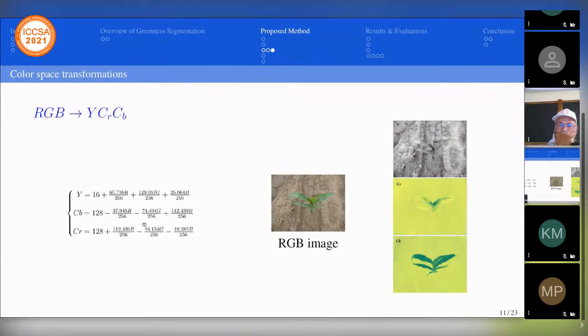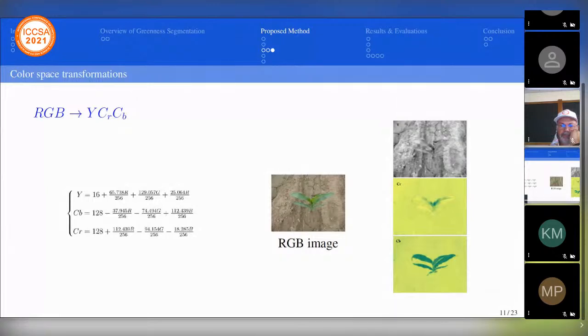This color space is used for general segmentation issues because it gives a good contrast between foreground and background for a given image. Once we have the three channels, they are concatenated to construct the image to be segmented.